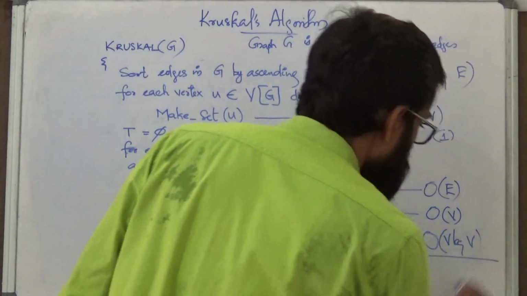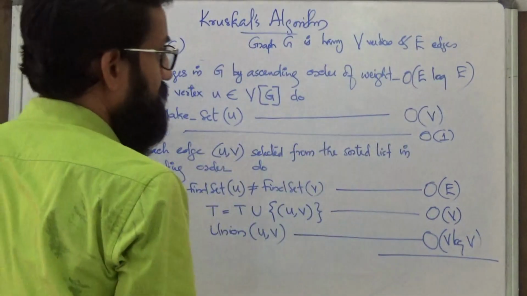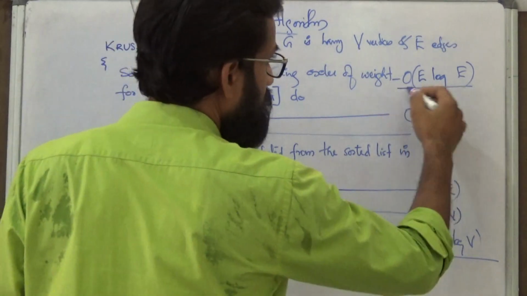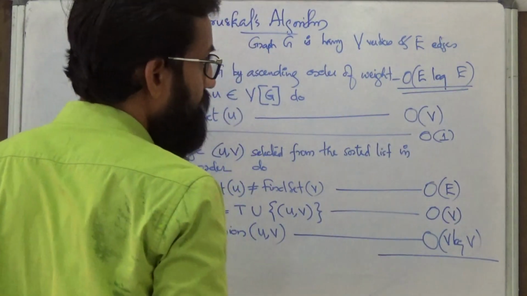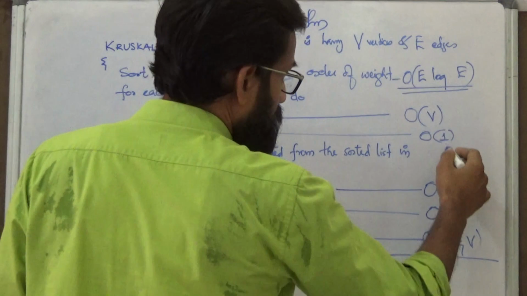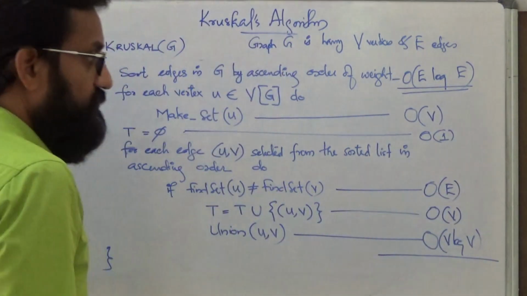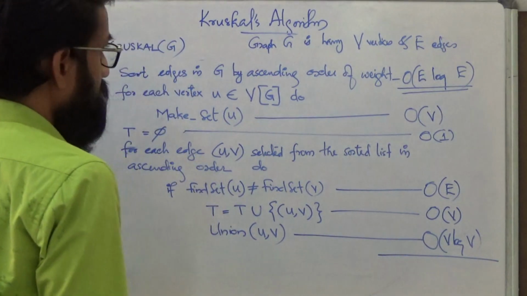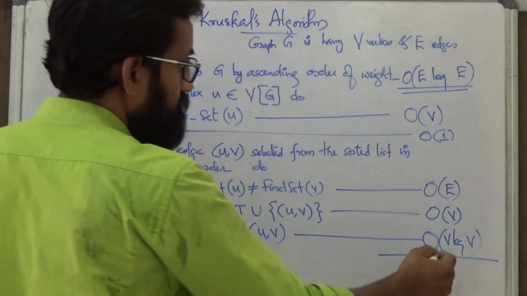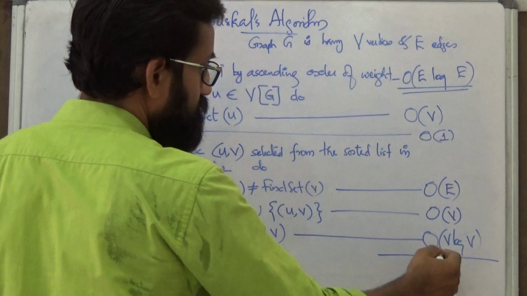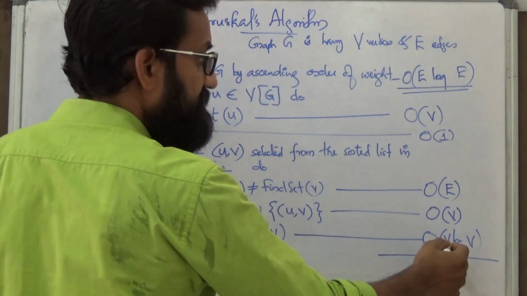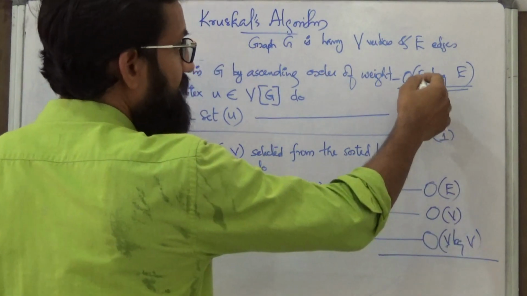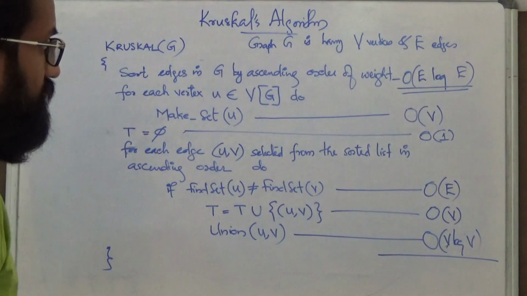Now you can take the summation: E log E, E, V, and V log V. Which one is having highest growth rate? From this it is clear that number of vertices will always be lesser than number of edges.